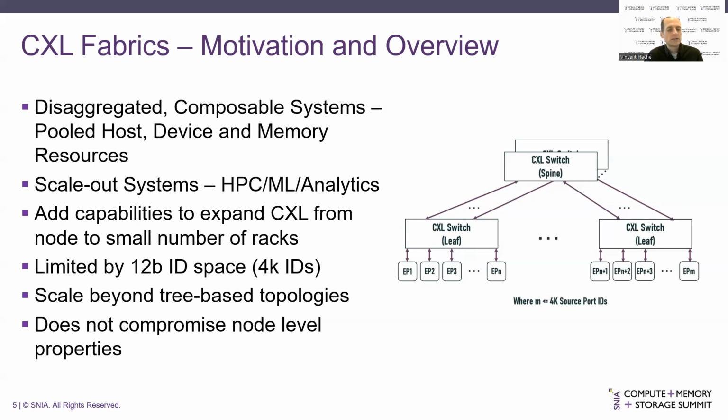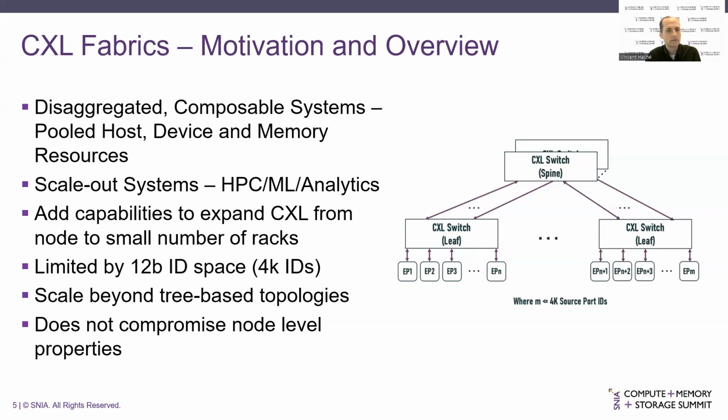But one of the big limitations that the consortium was looking to move beyond was the tree-based topology restrictions that one would find in, for example, PCIe. So CXL fabrics were designed to be able to employ much more advanced and different sorts of topologies.